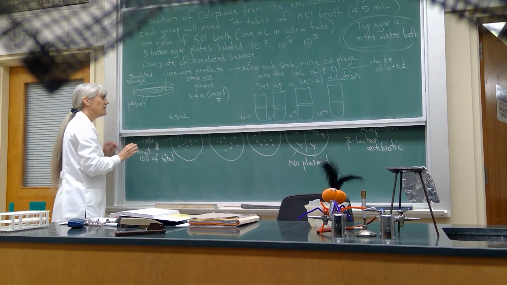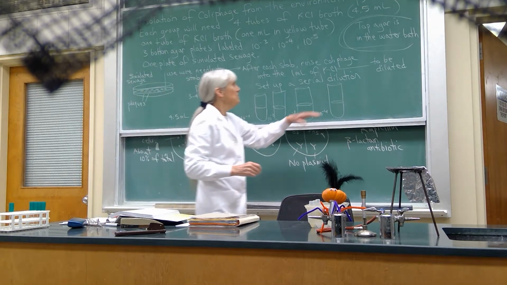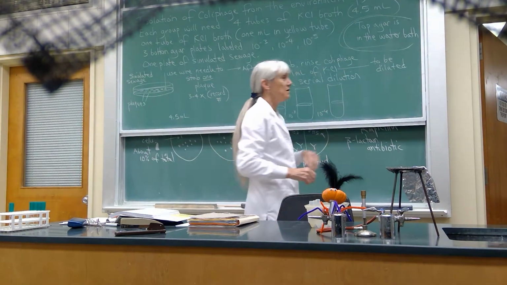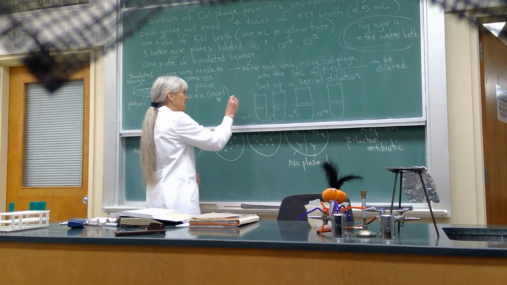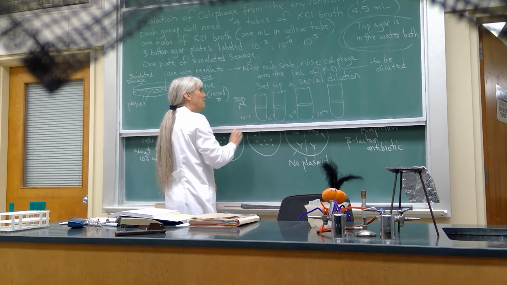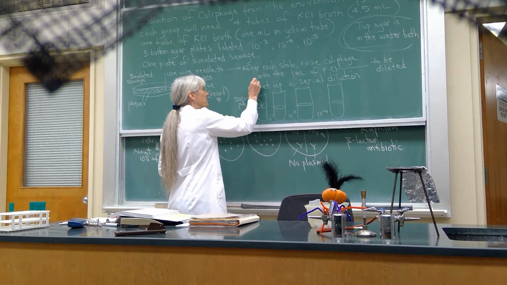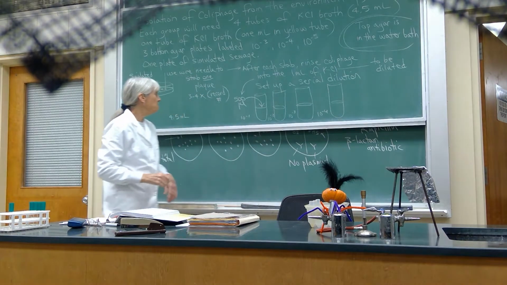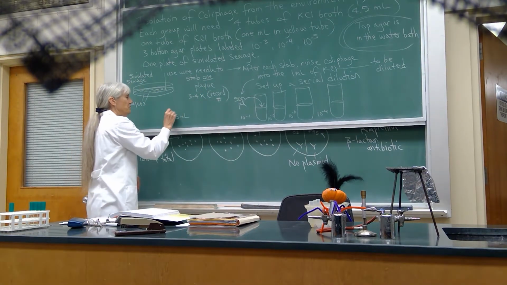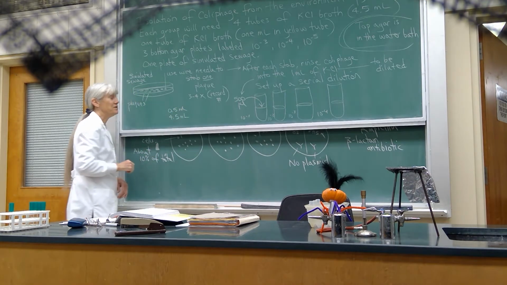And what you're transferring into it is 500 microliters. So KCl broth, you're going to pick up 500 microliters of it. Using a blue pipette, you're going to transfer into here. This is from the KCl broth. 500 microliters is 0.5 ml.